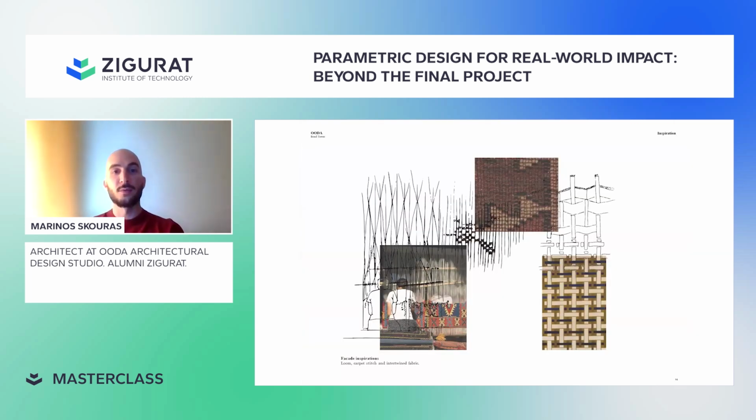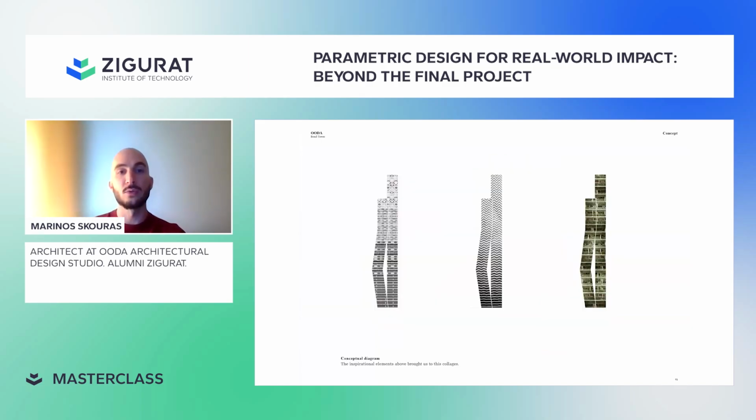The concept of that facade was inspired by traditional carpet weaving techniques, where threads interlace to form intricate patterns. So we tried to translate this logic into architecture, creating a facade that weaves horizontal and vertical elements together while it accommodates vegetation.